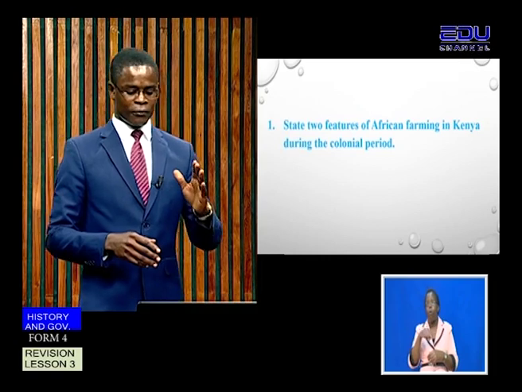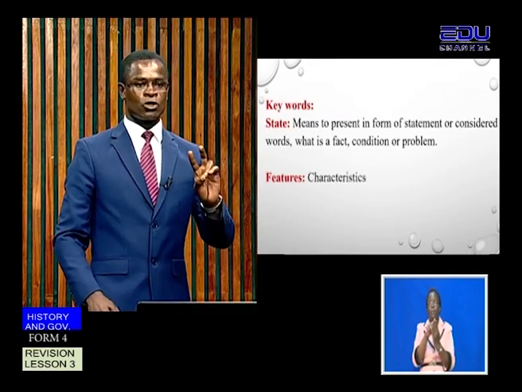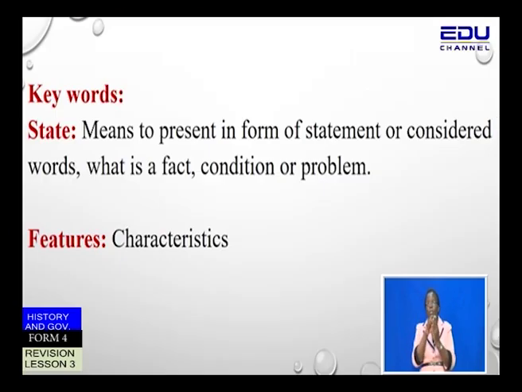So in terms of our key words, dear learner, we want to look at the 2 words, state and features. So if, for example, this question talks about state, 2 features of African farming in Kenya during the colonial period.